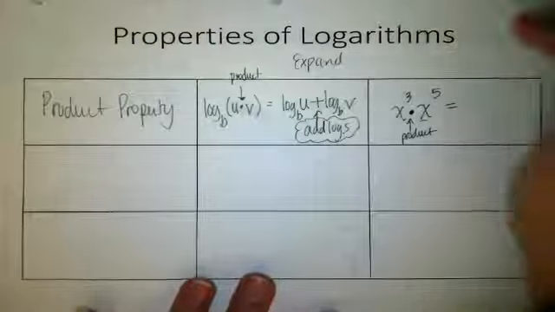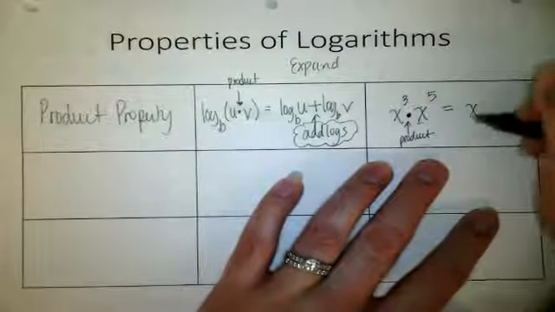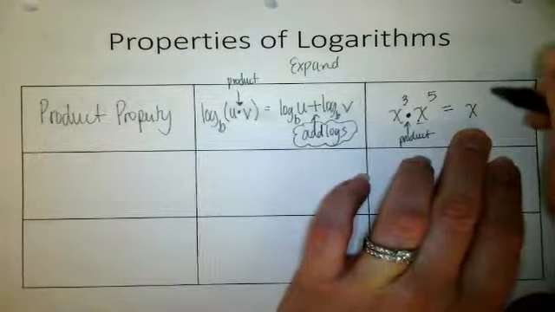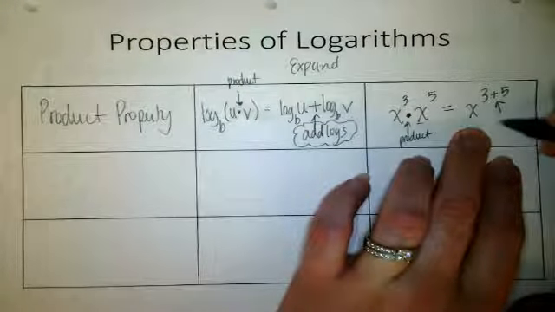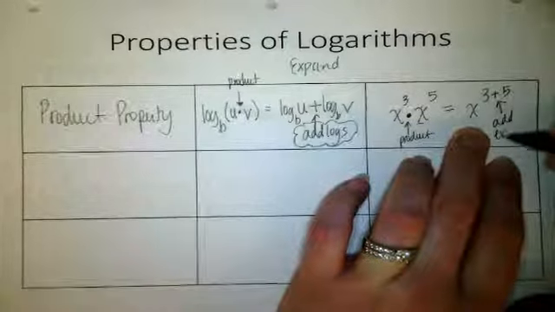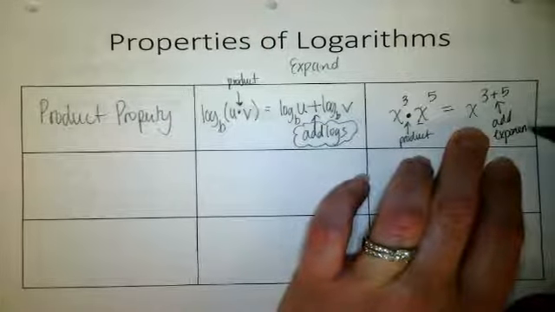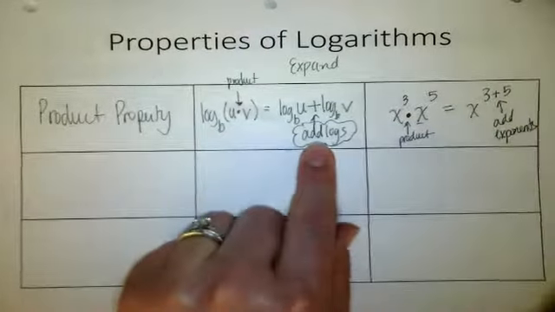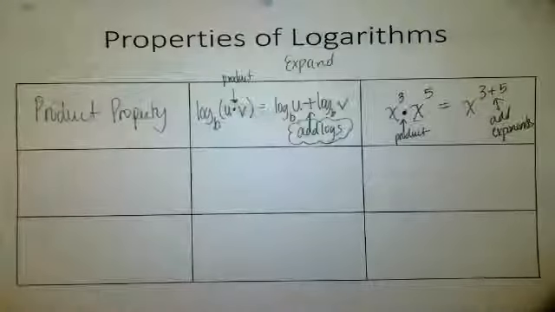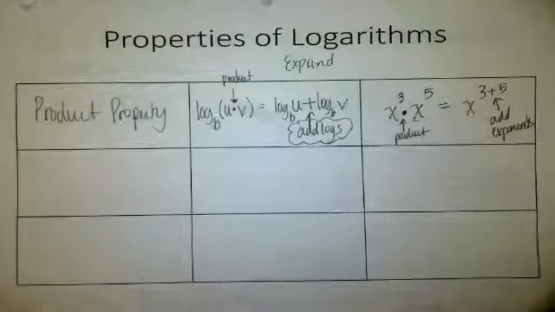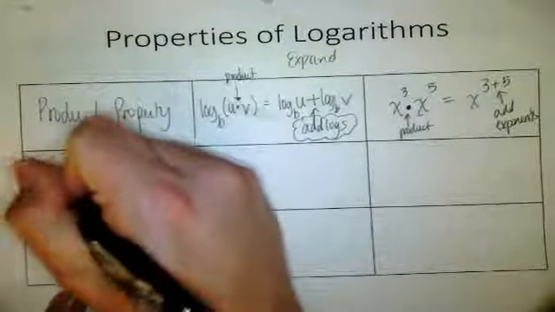How do you combine them? I'll add them, right? So you keep your base the same, and you get to add your exponents. So it's very similar that we get to add our exponents, or here we get to add our logs when we have a product. So do you see that those are kind of related? Similar ideas. All right, so we have another property, the quotient property.